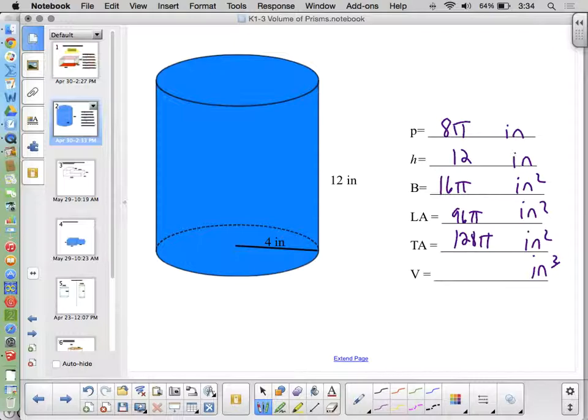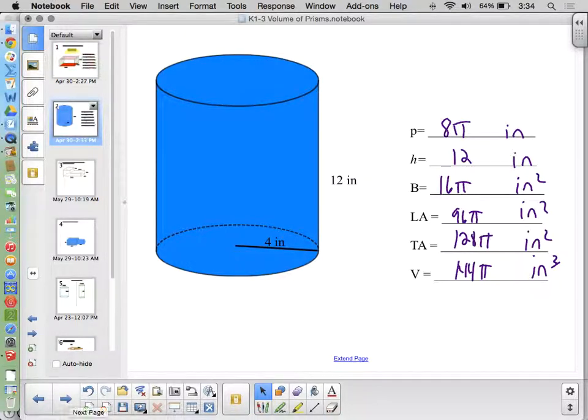And volume is base area times height. 16 times 8 is 144 pi cubic inches. Or square inches. Sorry, I just switched up the total area. Hold on, let me go back.